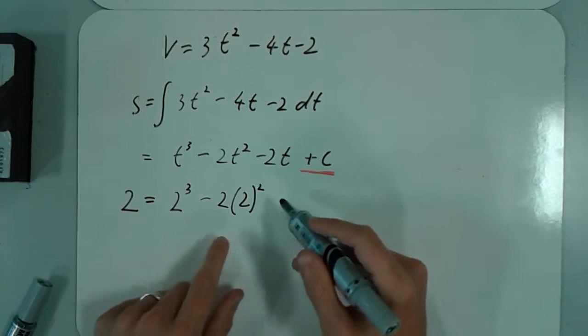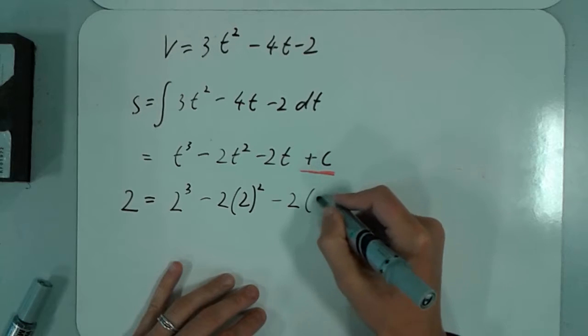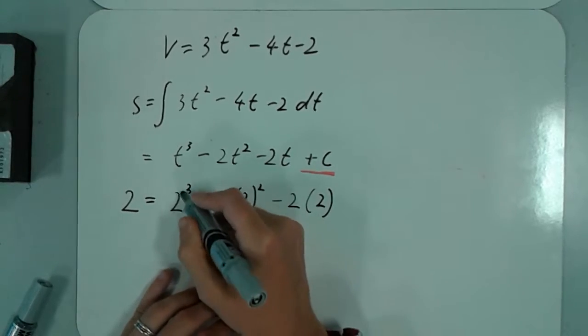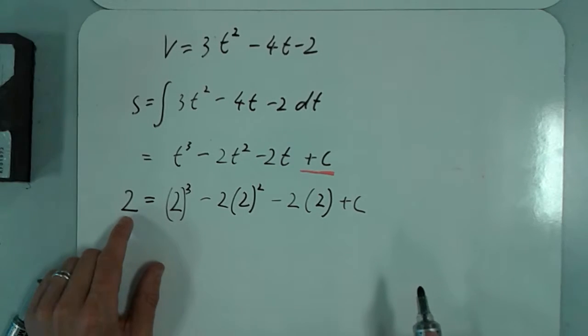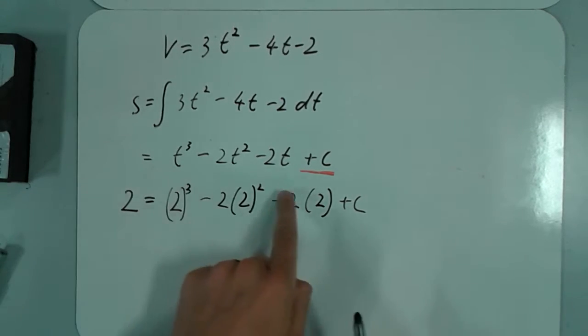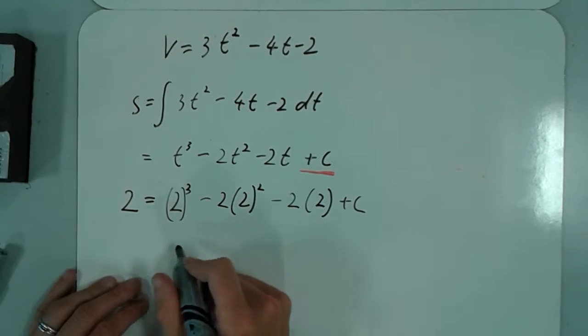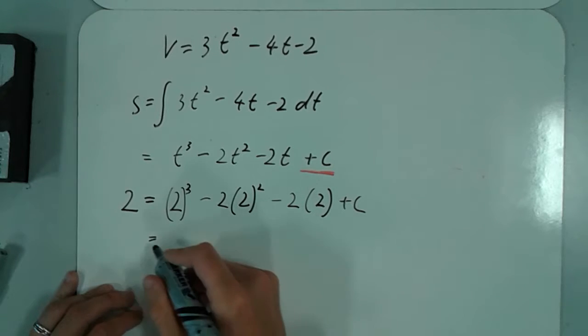So we were substituting 2 in for t. Okay, so we want to find our displacement, which was 2. We need to find our plus c. So looking at this, we've got 8 minus 4.